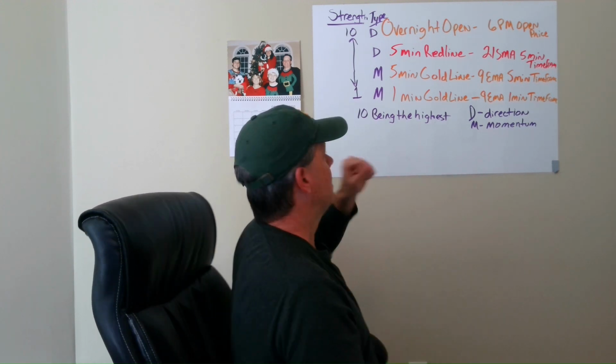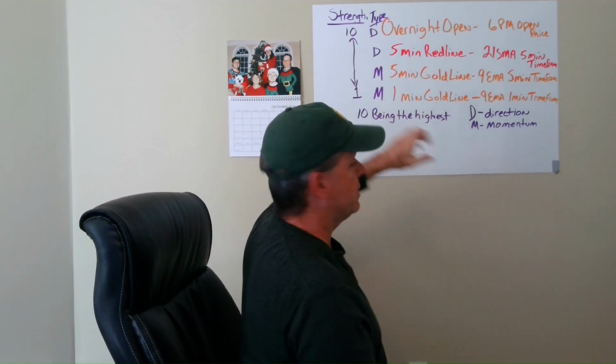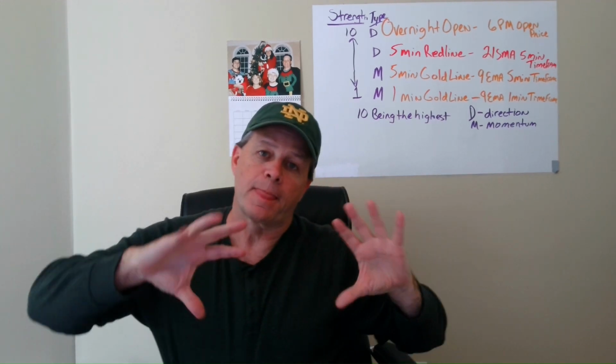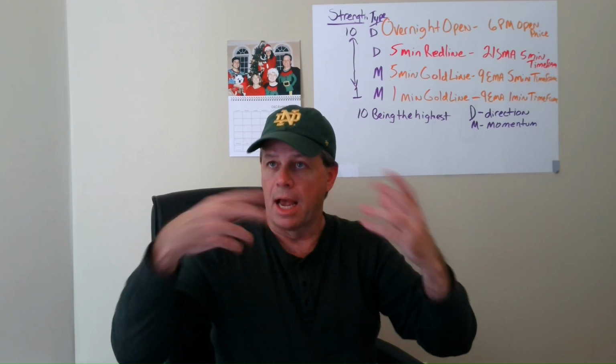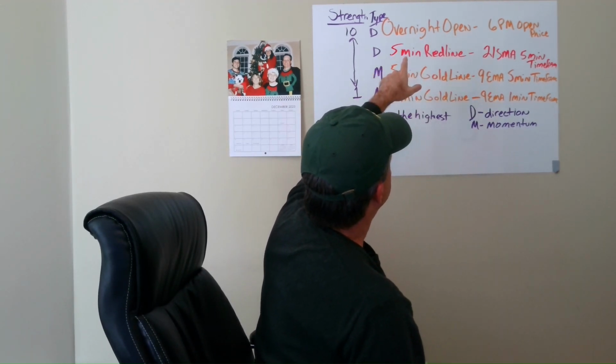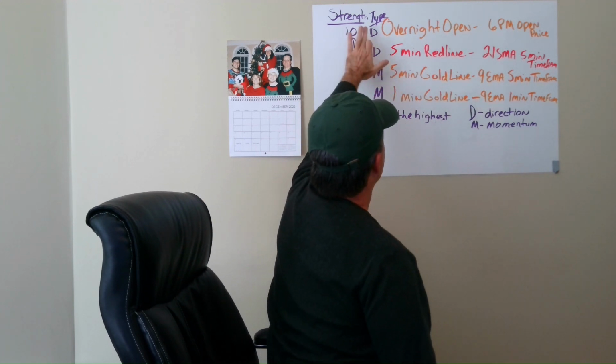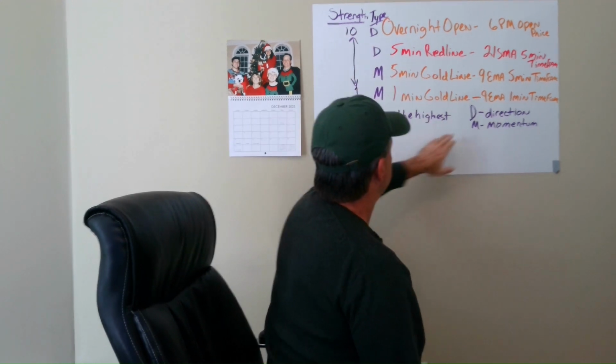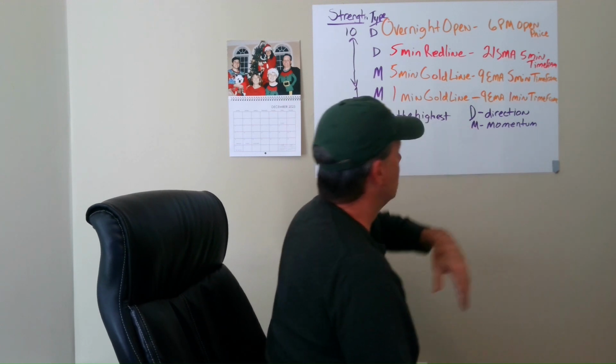So quickly to talk about these four things, and then I'm going to show you in charts exactly what I'm talking about. I have D and M: D for direction, M for momentum.